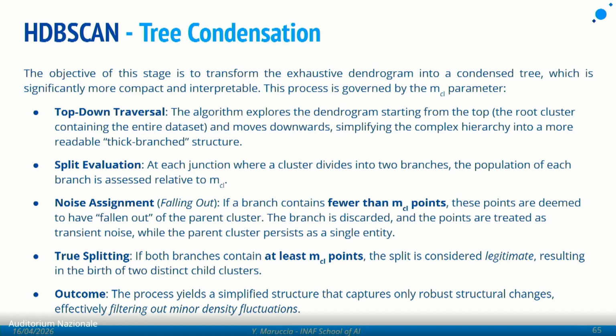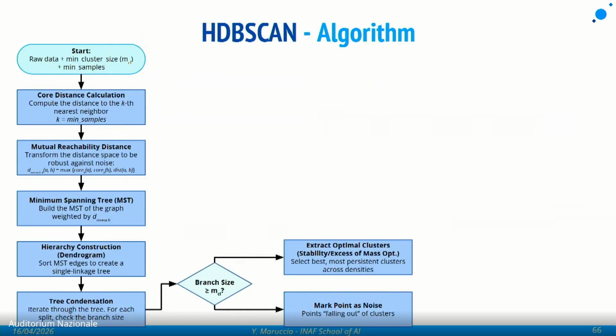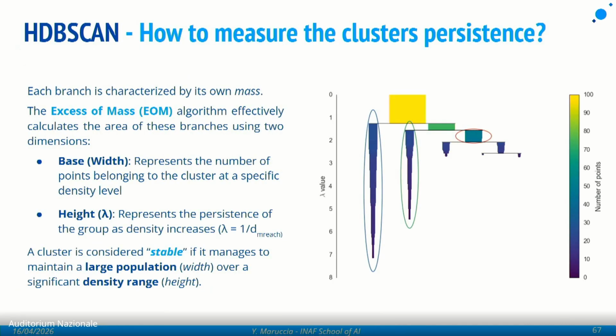And if both branches contain at least the minimum cluster size of points, then the split is considered legitimate, and so there is the birth of two distinct child clusters.